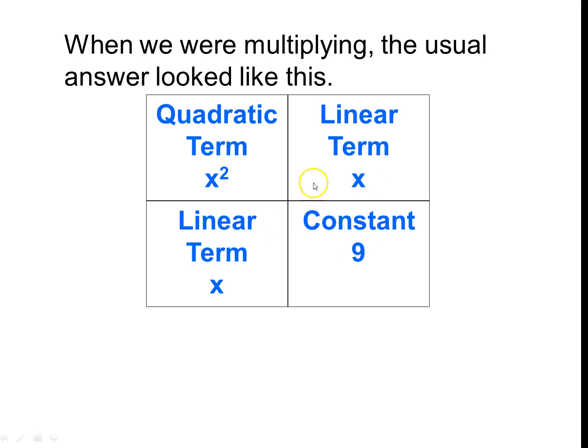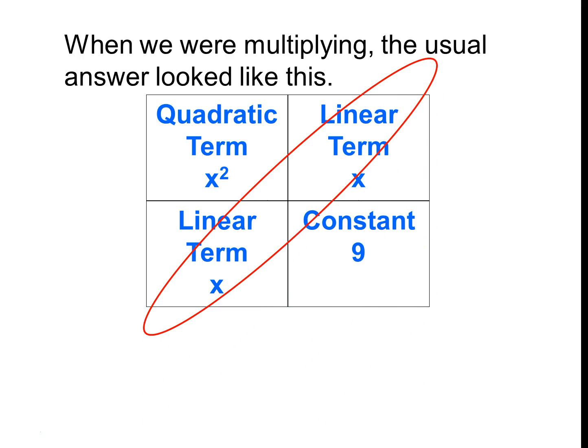And then we had two x terms right here. If you remember, every time we multiplied, we pretty much got the same looking quadratic every time. We're going to use this idea to factor. In other words, we're going to go the reverse. Instead of multiplying, we're going to reverse and take it apart.